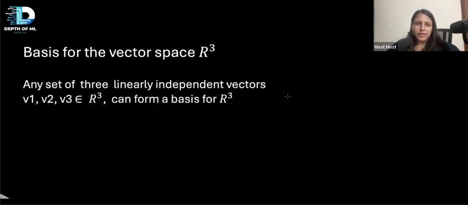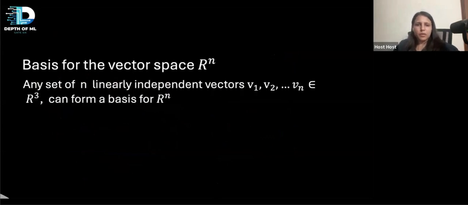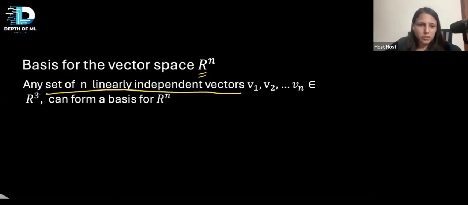So any set of three linearly independent vectors v1, v2, v3 in R3 can form a basis of R3. So again, we have multiple bases. Fine. So in general, for a vector space Rn, any set of n linearly independent vectors from Rn can form a basis for Rn. Fine. This is clear?